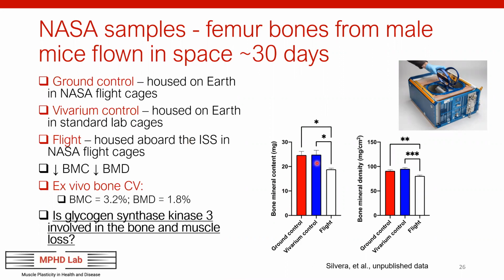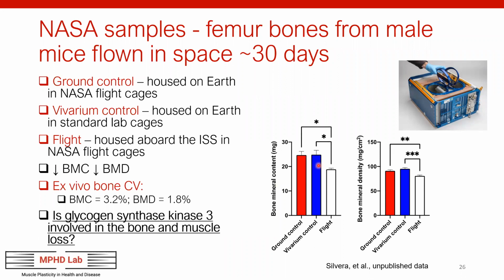Again, both are on Earth and both experiencing gravity. The flight group are housed in these cages, but aboard the International Space Station, in this case for 30 days. And what we can see is that bone mineral content and bone mineral density are significantly reduced in the flight group compared to both ground control and the vivarium control.